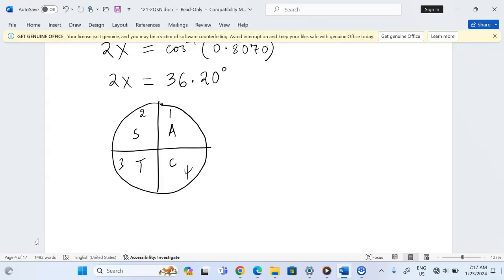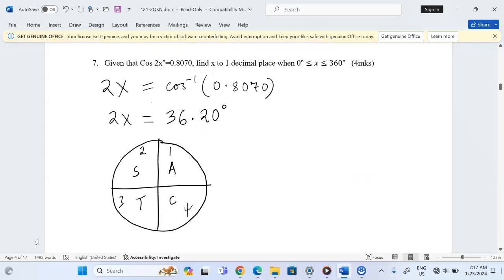Now, elsewhere, apart from in the 1st quadrant, whereby there is a 36.20, which is positive, is only in the 4th quadrant, whereby we need to measure from the x-axis. Remember, this is the x-axis. This is usually the y-axis.